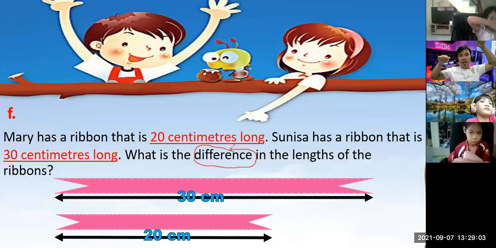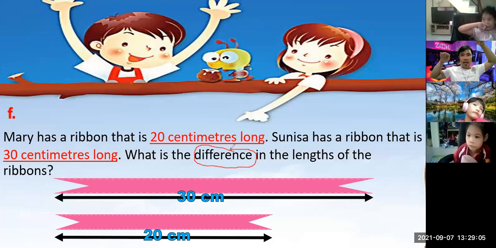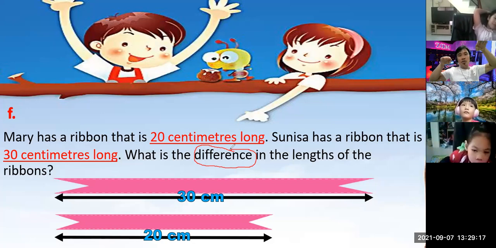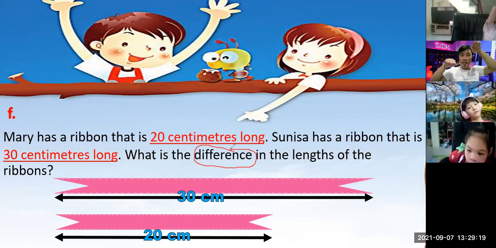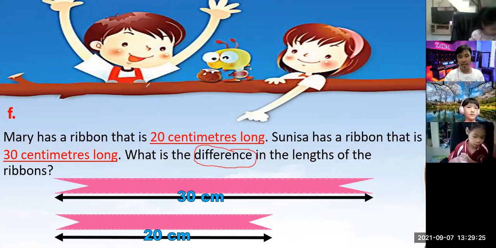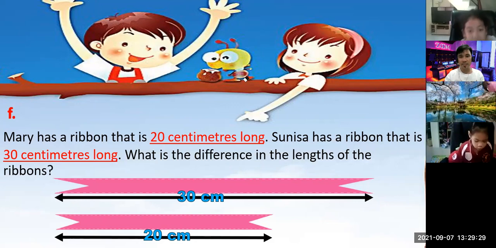Let's say base is 5 centimeters taller than Win, or we say Win is 5 centimeters shorter than base. So to find the difference, we need to use a minus sign. Okay, so that's it. So now we will use a minus sign here.